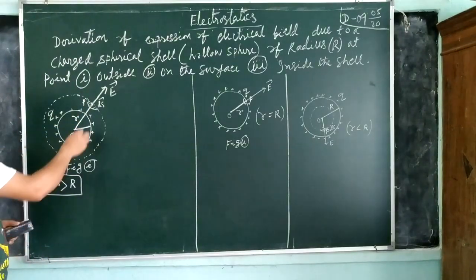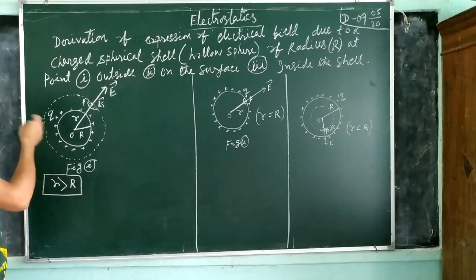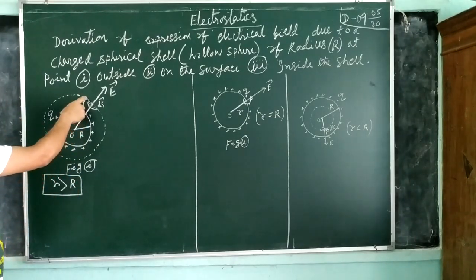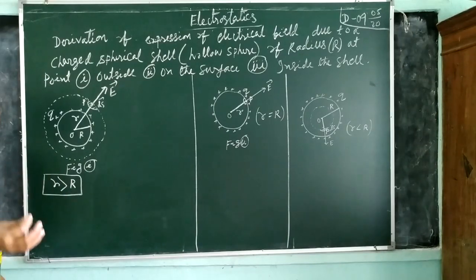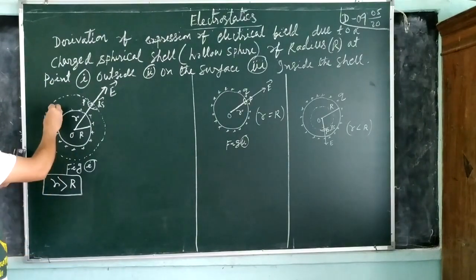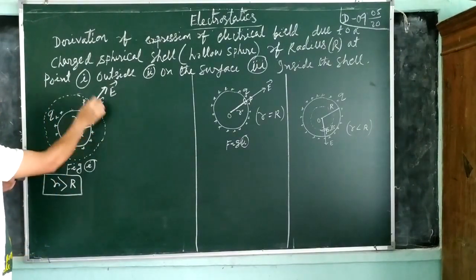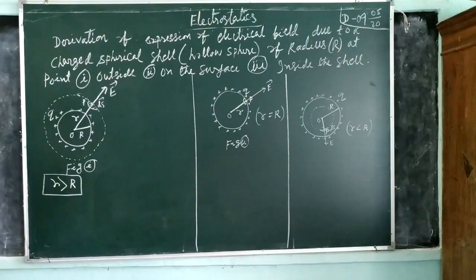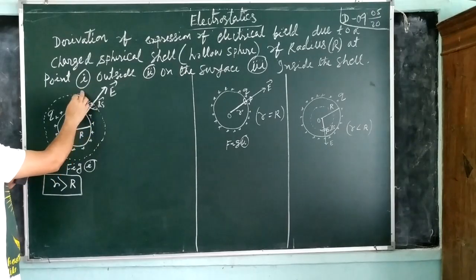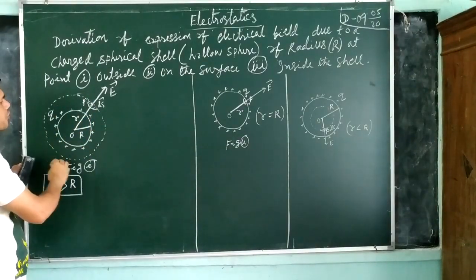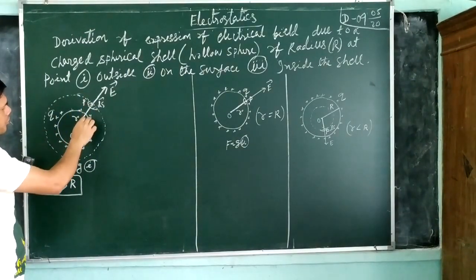Now, to find the electric field at this point P, which is lying outside the spherical shell, we use Gauss theorem. Before using Gauss theorem, we have to draw a Gaussian surface, so that point P is lying on the Gaussian surface. Here, this dotted surface acts as a Gaussian surface or hypothetical surface, and point P is lying on this dotted surface area.